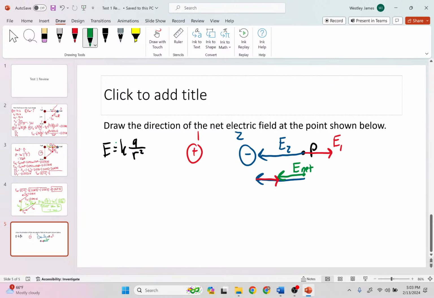All right, let's get spicier. Let's put a positive charge here. Let's put a negative charge here. Find the electric field there. Find the net electric field.